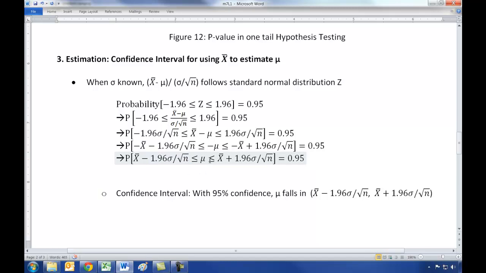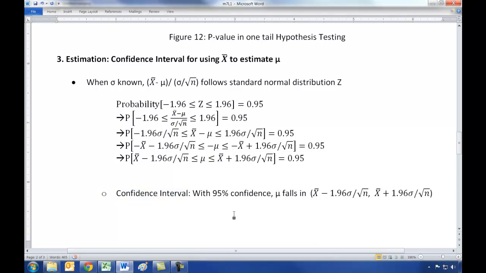Then that interval will include the true mean of the process with 95% probability, which is the concept of confidence interval.